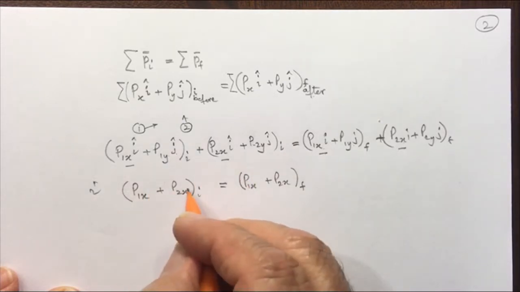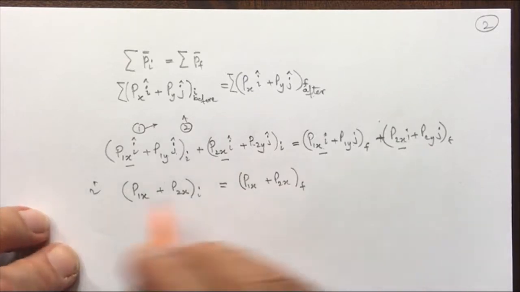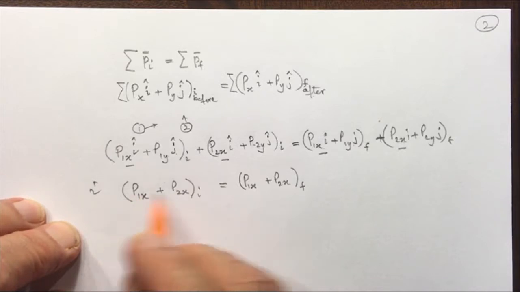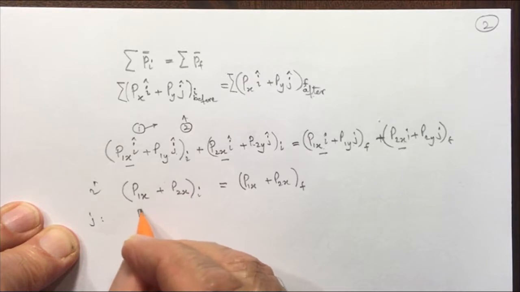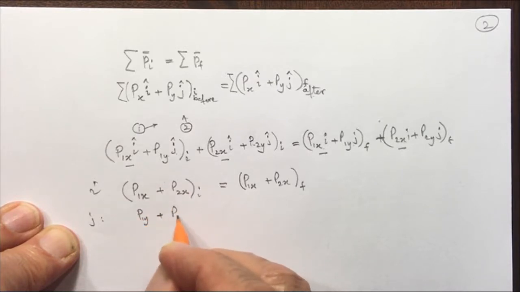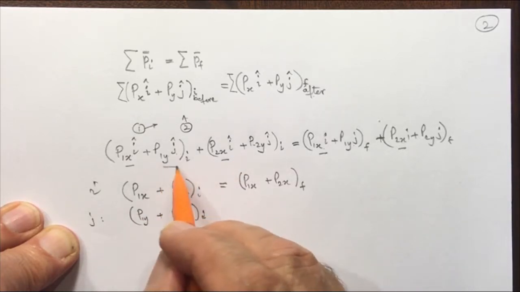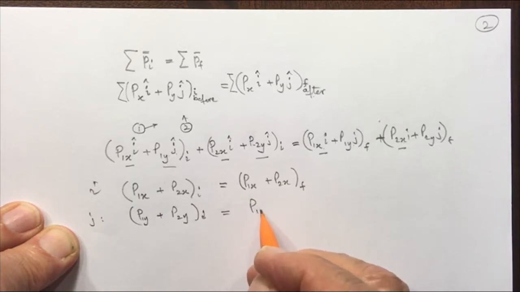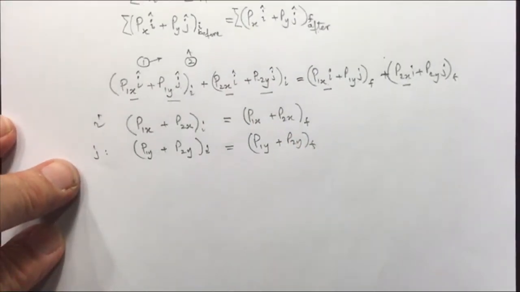Okay, that would be i unit vectors. We can cancel out all the unit vectors because they're all in the x direction. So this is in the x direction, and in the y direction we would have p1y plus p2y initial. That's this one, and then that equals p1y and p2y final. So we're adding the two y components in the final after the collision.